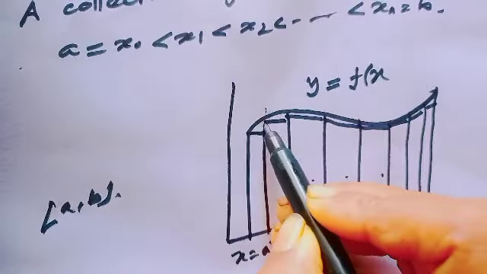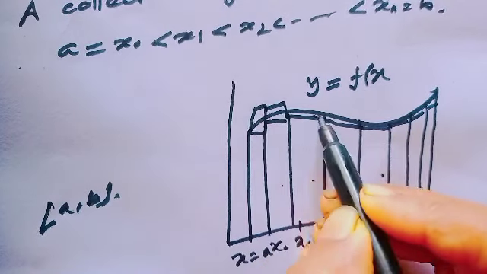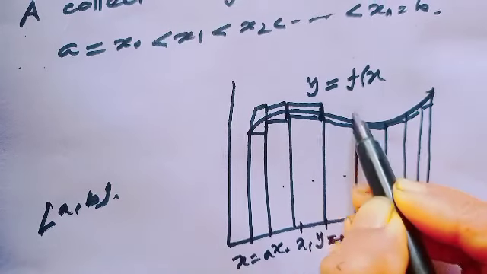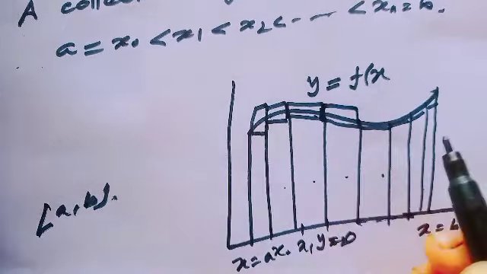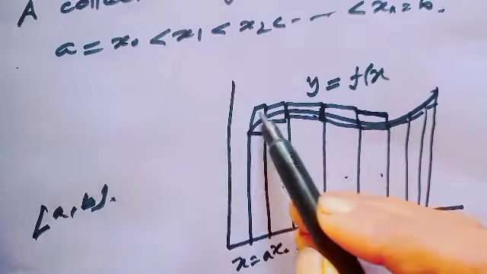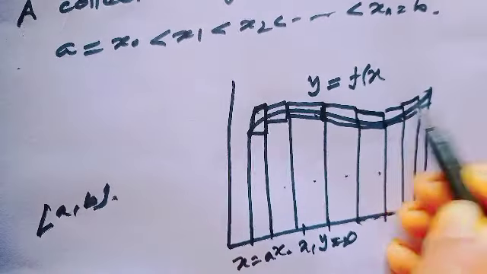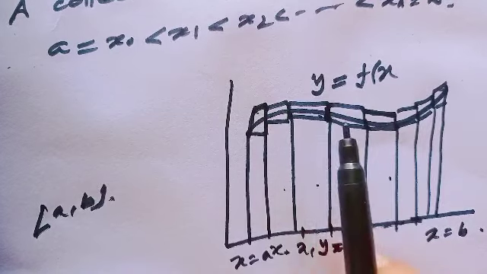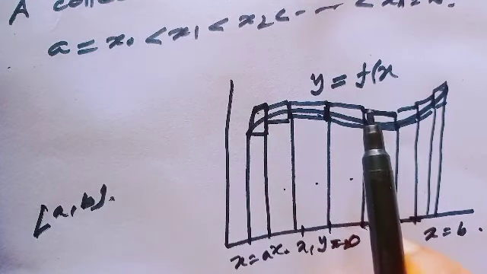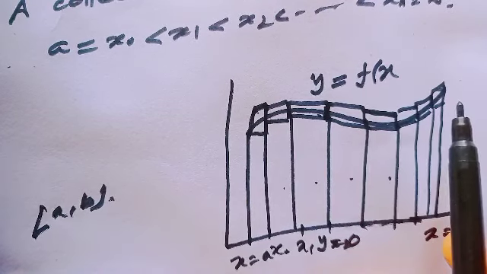Now we can also draw some rectangles. Here the idea is, take the higher point and draw these rectangles, and if you find the area of these rectangles and sum them, then the sum of these bigger rectangles is always greater than or equal to the area of the region inside of this function.